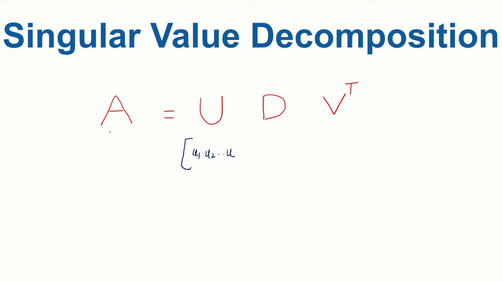Let's say this matrix is D by N. So matrix U can be D by D, matrix D can be D by N, and this matrix V transpose can be N by N. So U1, U2, dot dot dot UD are all the columns of U.